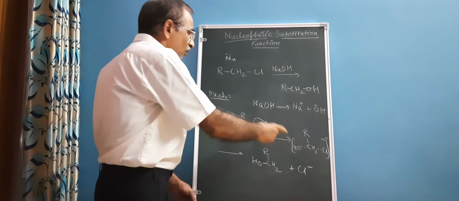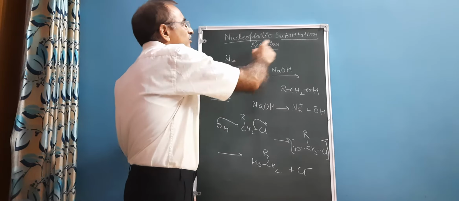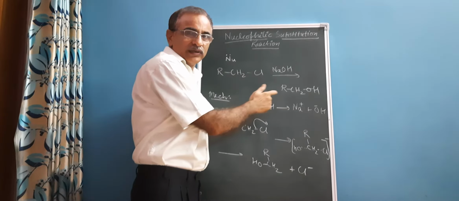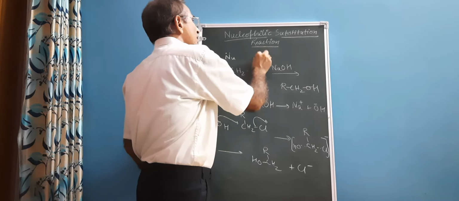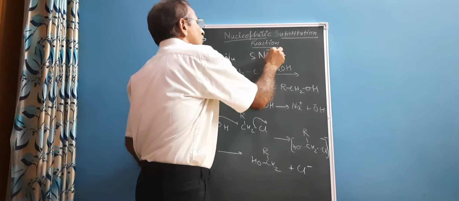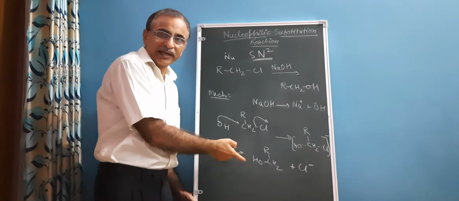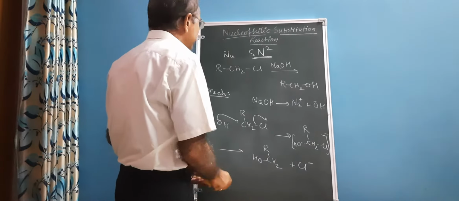This is the reason why such nucleophilic substitution reactions are called second order nucleophilic substitution reactions. SN2, here this reaction follows the SN2 mechanism. The order of this reaction is 2.